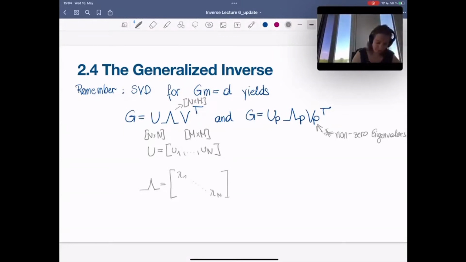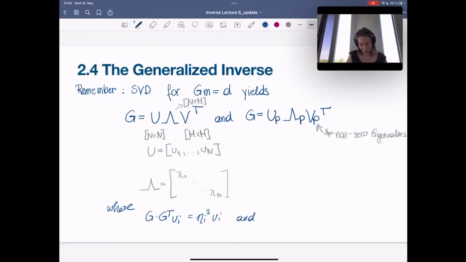Okay. Additionally, we have the information regarding the eigenvalue decomposition, if you remember that, where we have G times G transpose u_i, which is the i-th eigenvector corresponding to the i-th eigenvalue. And this equals the eigenvalue times the eigenvector.